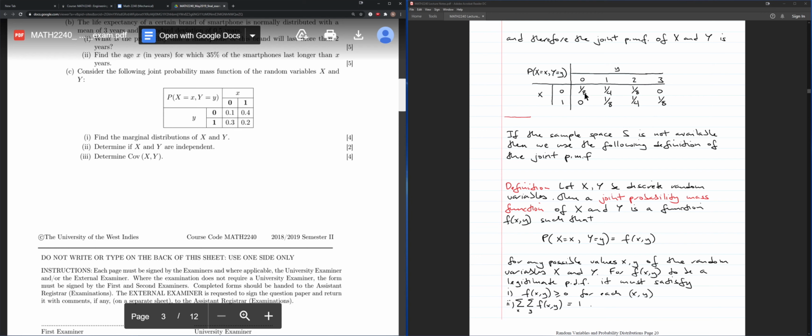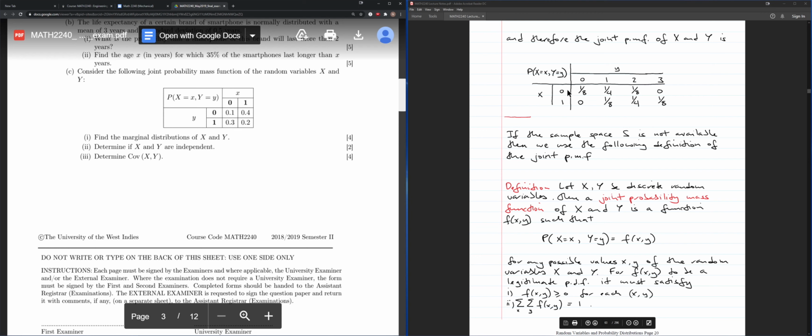Each of these corresponds to probabilities for disjoint events, and if you add all the probabilities, the events would cover all of your sample space. So all of these probabilities must add to 1. That's where this second condition comes from.